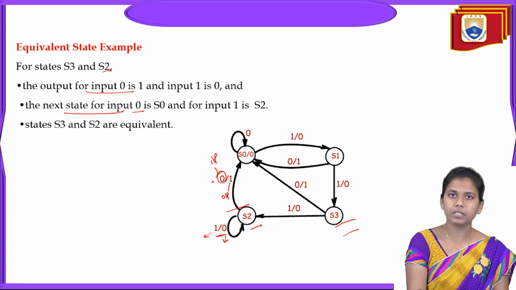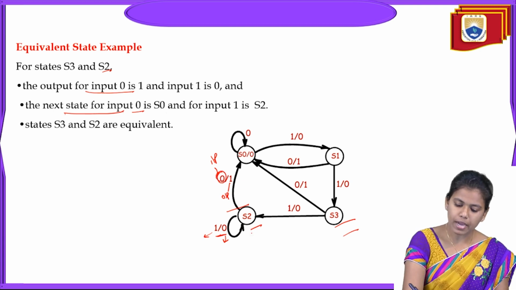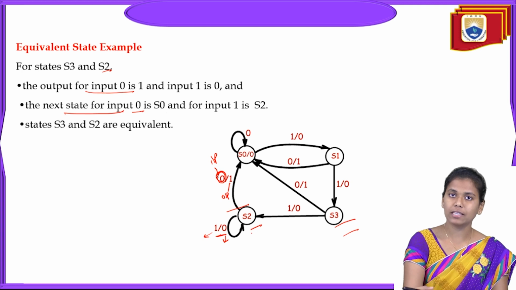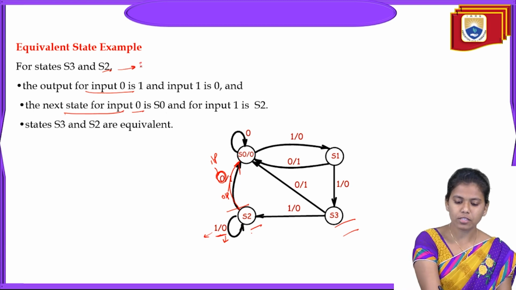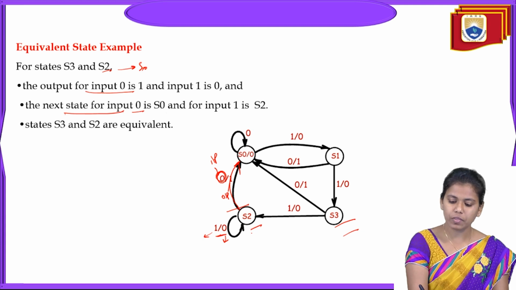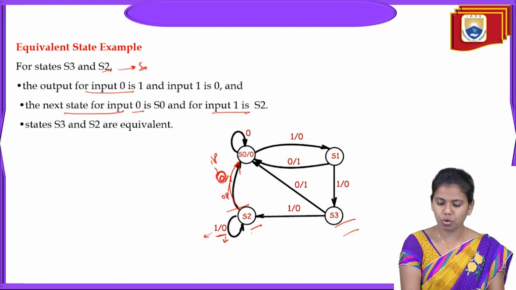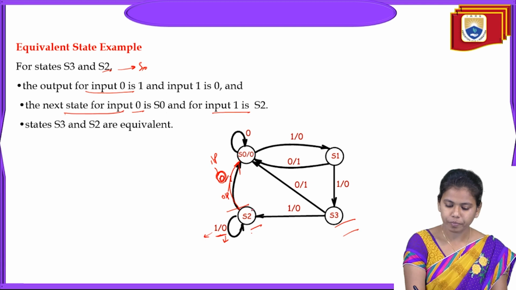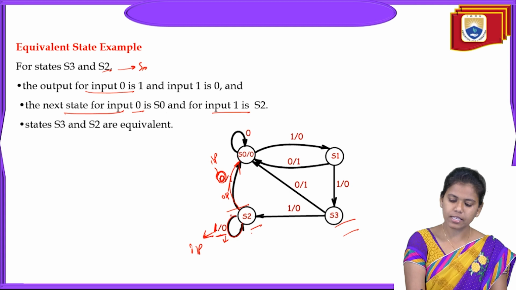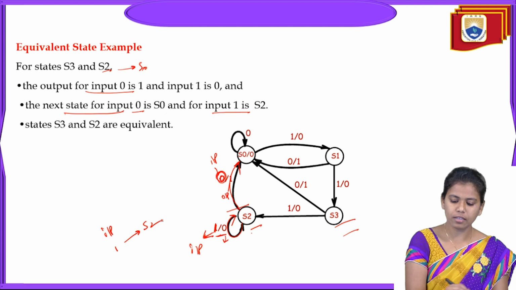From S2, when my input is 0, the state takes a transition from S2 to S0. So from S2 to S0, the transition takes place when the input is 0. And for input 1, the state stays in S2.